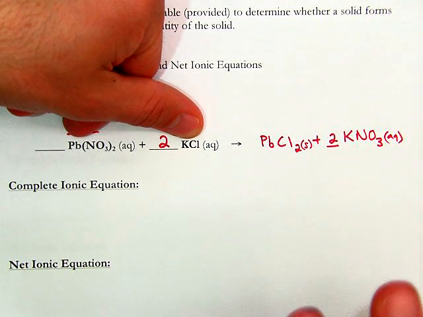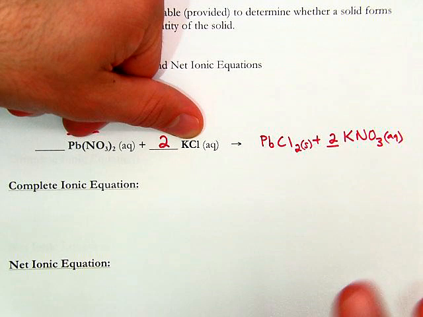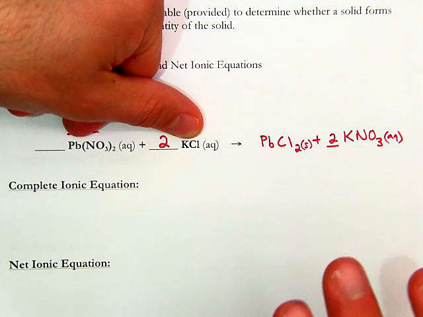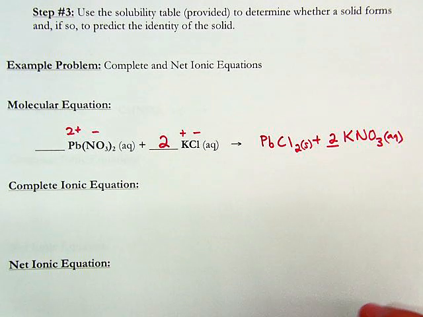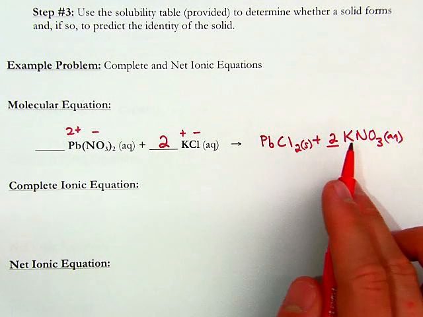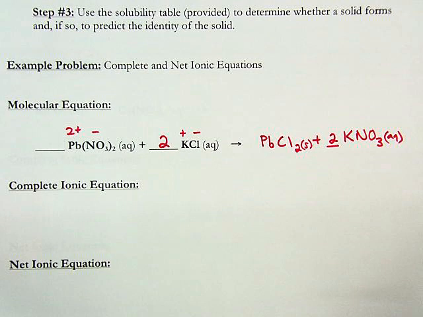Okay, so you can't do the rest of the stuff without having a balanced molecular equation. Now, the complete ionic equation takes this and breaks it down into its ions, and you show the charge and state, meaning solid, liquid, gas, AQ, of everything for the reactants and products.